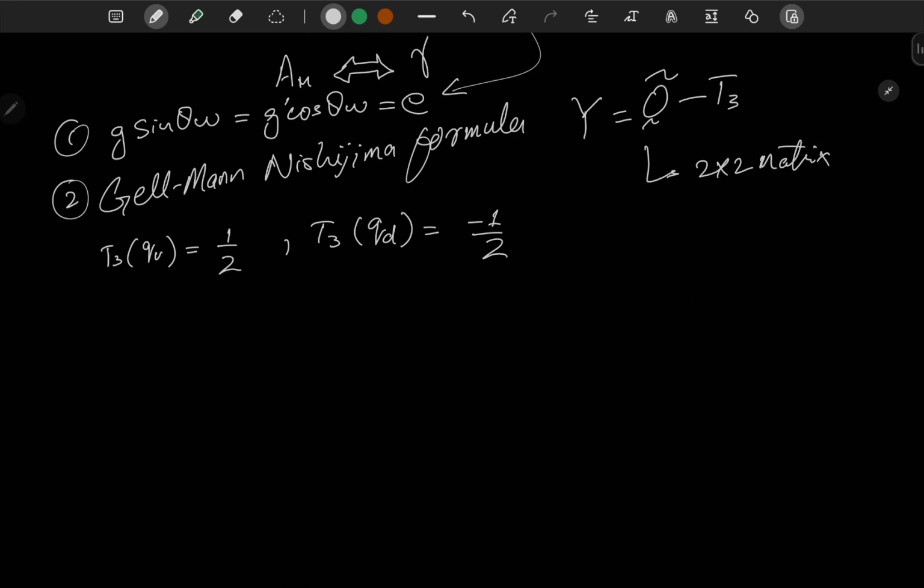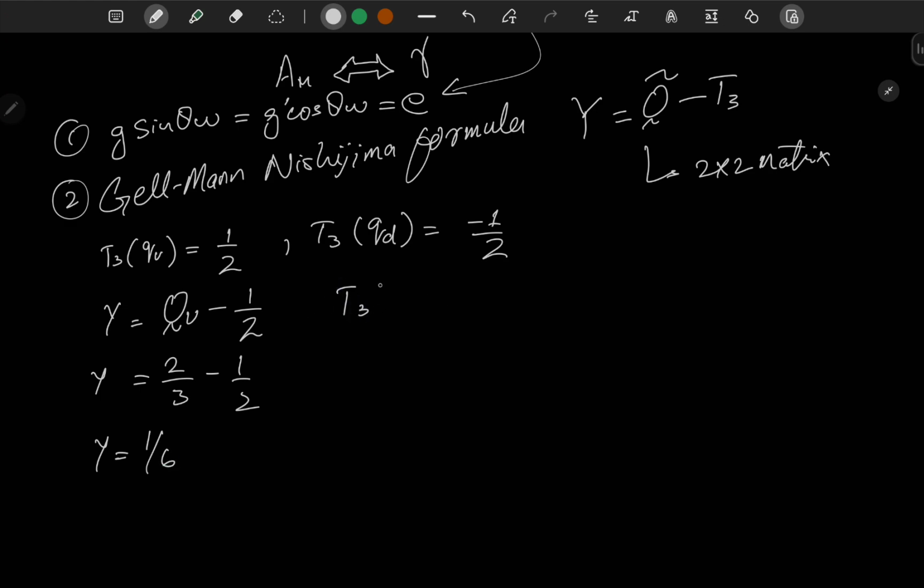So Y for the up type is Q up minus half, and for up type we have charge 2/3, so we get 1/6.